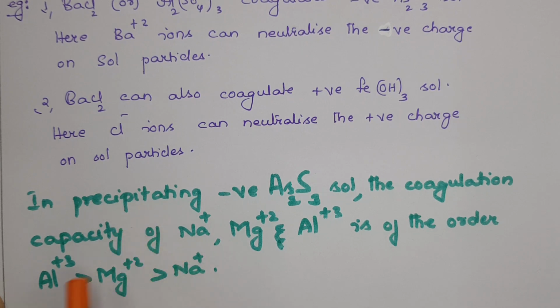This order is found in the precipitation of negative As2S3 sol particles. So when you are asked the question on the Hardy-Schulze rule, you have to write all these points. These are sufficient for your exam.